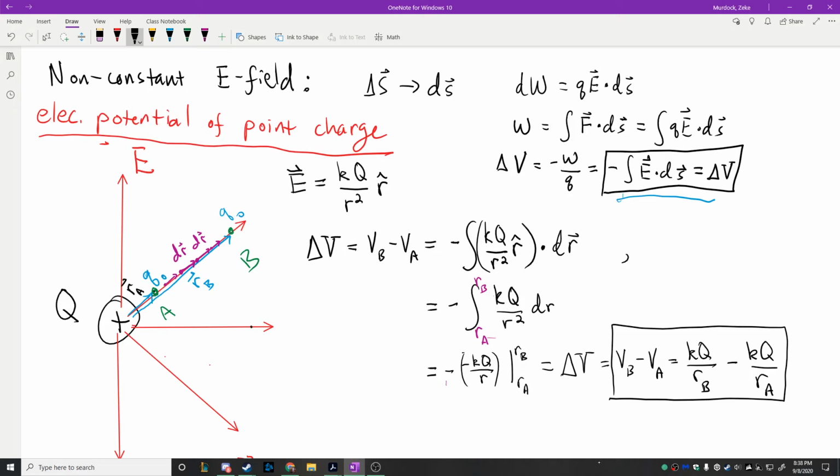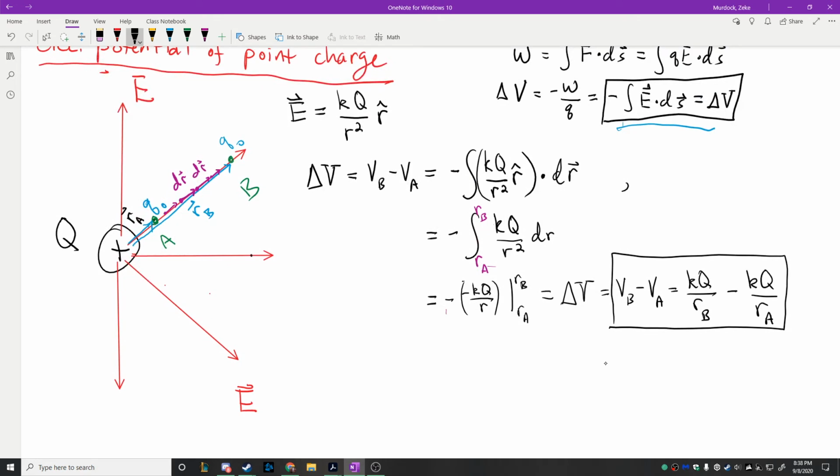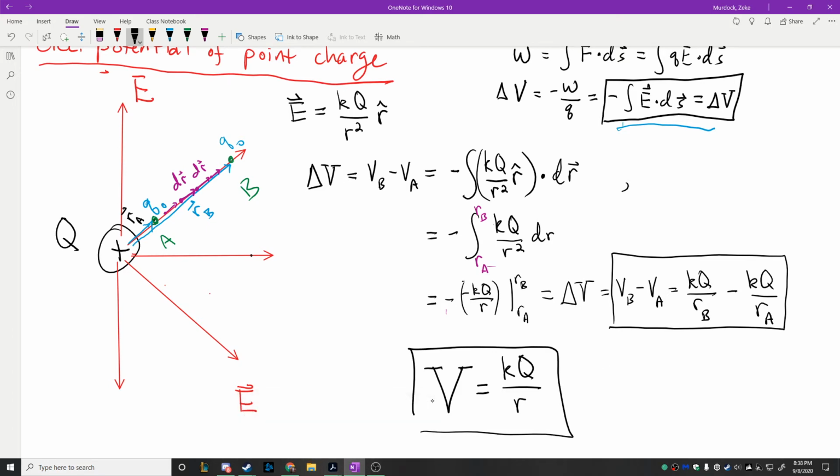So that's really handy, because we can write in general that for a point charge, we can just say that V at a point in space, you can define the electric potential by just doing k times the charge divided by the distance. That's really simple, right? Voltage is a scalar, electric potential is a scalar, so there's no longer any vectors.